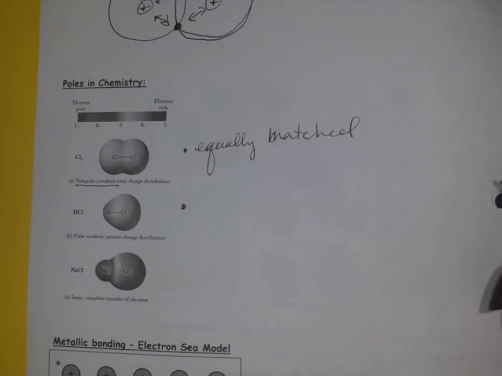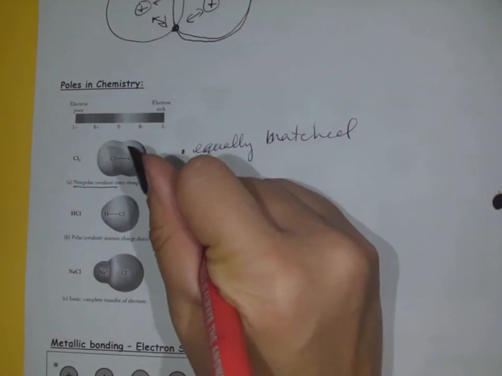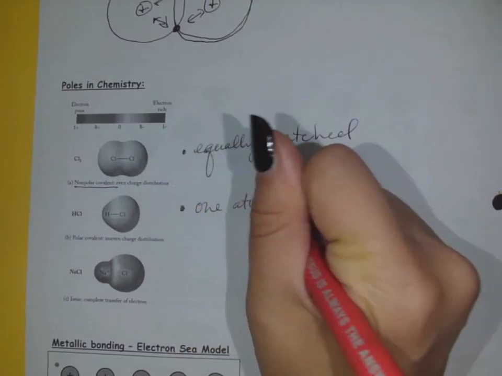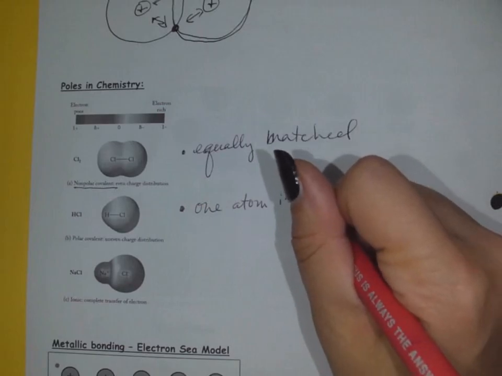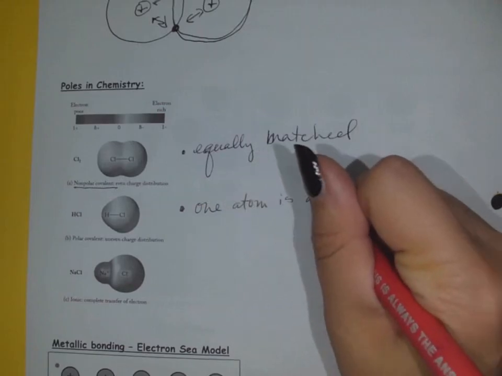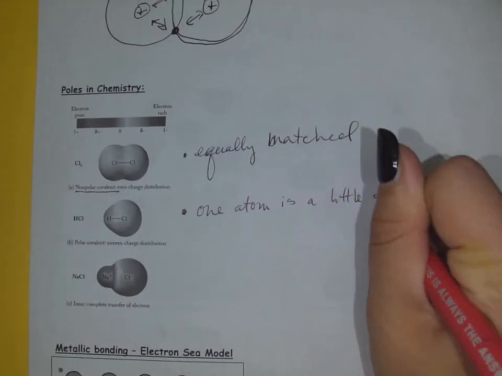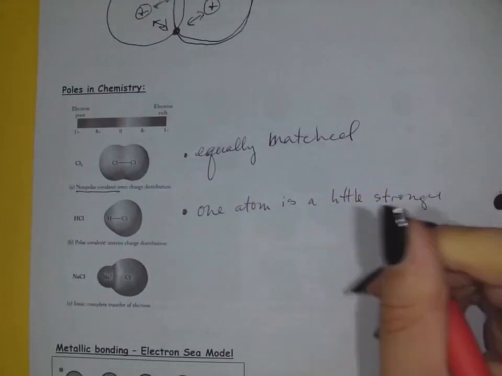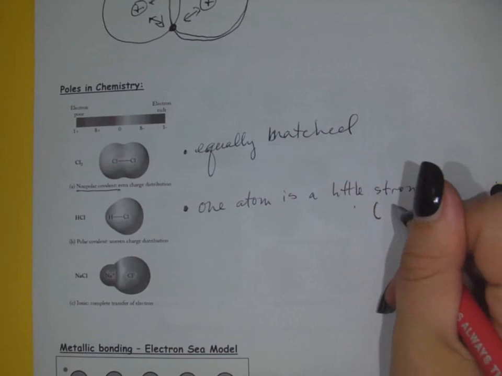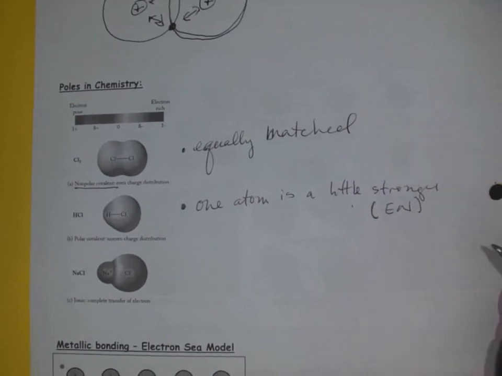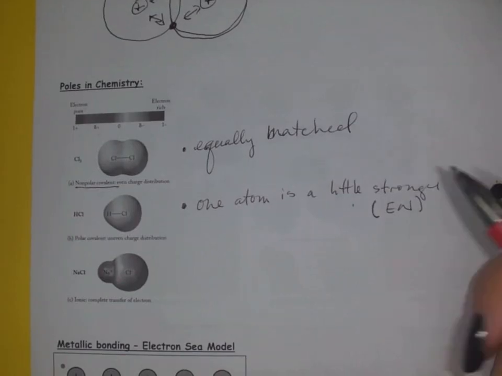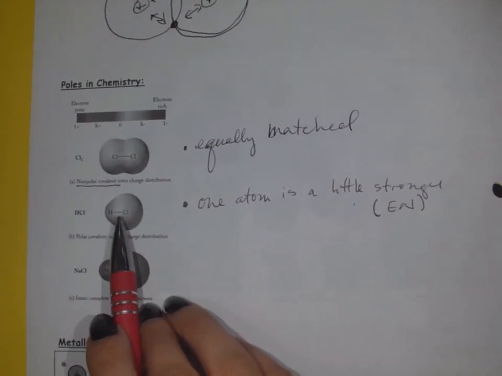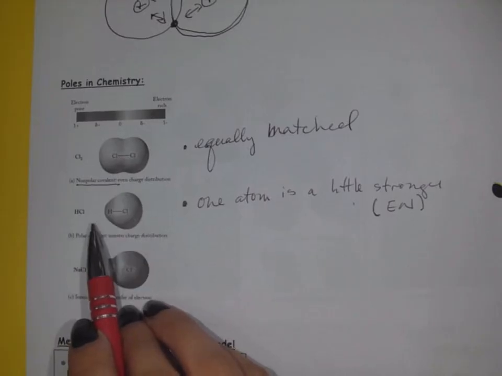So this is when they're equally matched, and this is when one atom is a little stronger than the other. And what I mean by a little stronger, like stronger meaning electronegativity, its ability to pull electrons from other atoms. So the tug of war is not completely won, but the chlorine is stronger than the hydrogen.